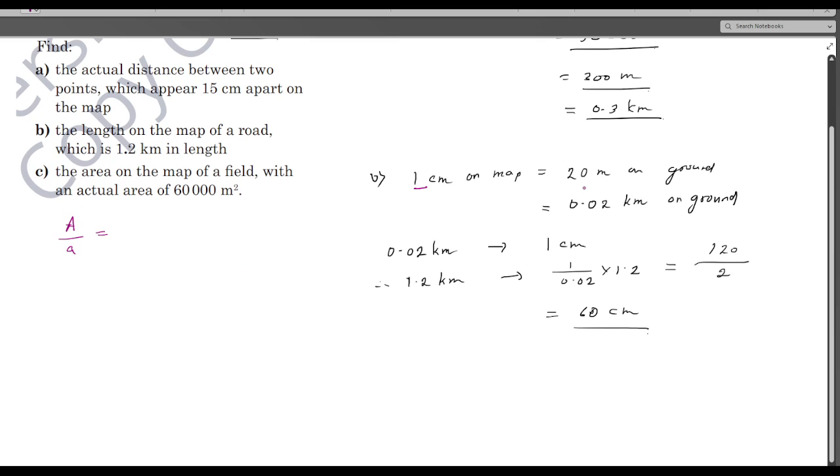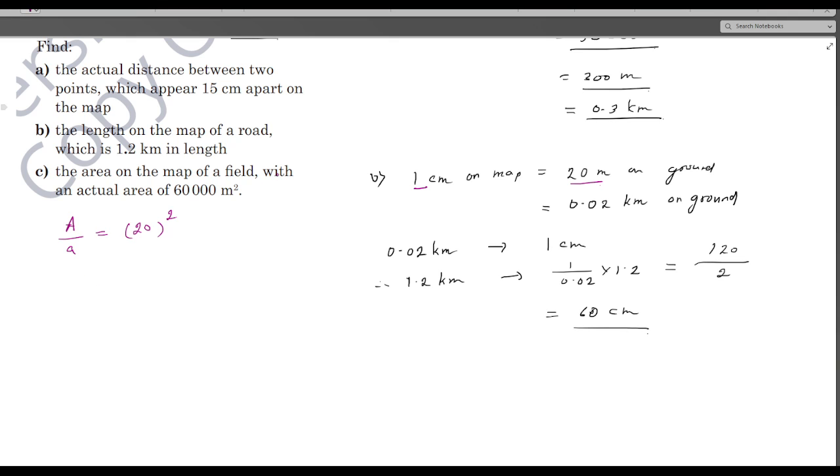If in meter I say that 1 centimeter is equals to 20 meter. Okay, so capital A divided by small a is going to be equal to 20 square. Now 20 is my ratio. For linear factor it is 20 as a ratio. So for area it will be 20 square.